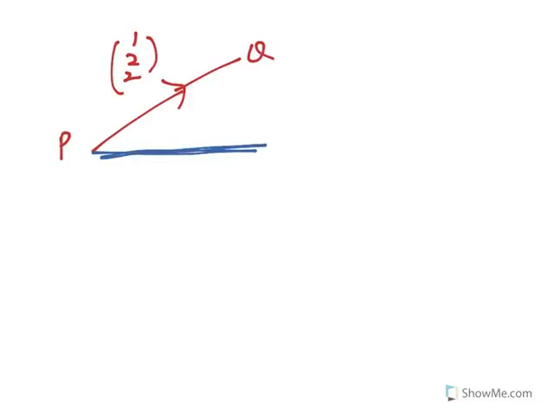So going back to what I said, this is PQ. PQ over here is (1, 2, 2), and the parallel component, as we have found earlier, is 10 over 13 times (0, 2, 3).